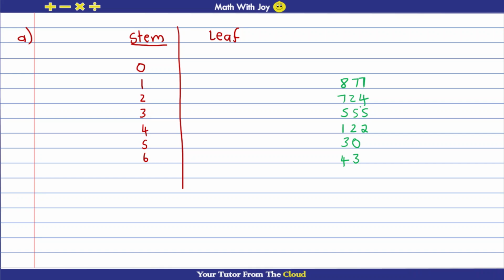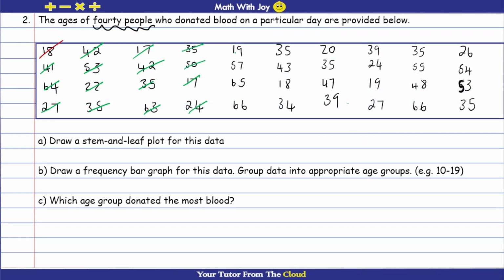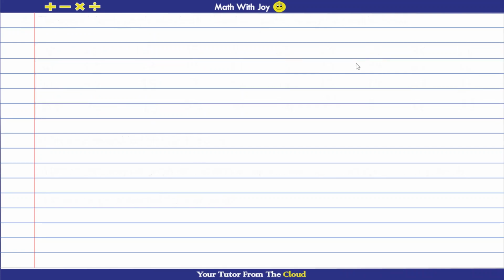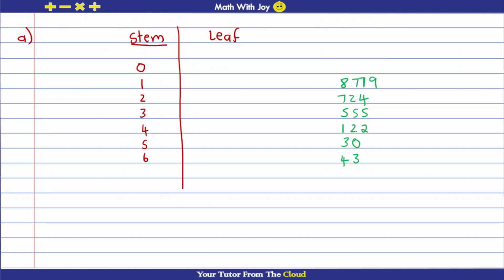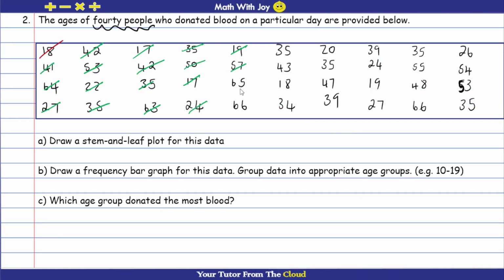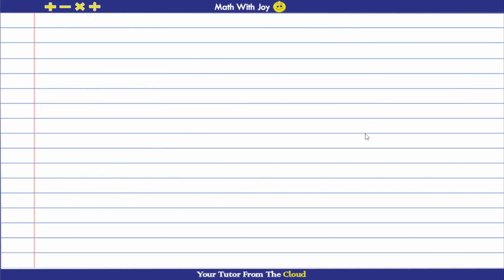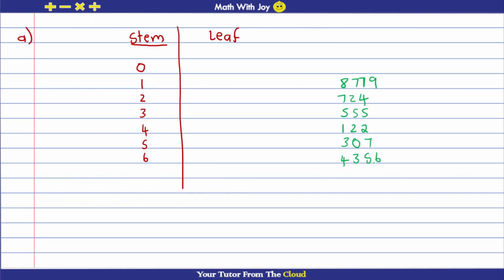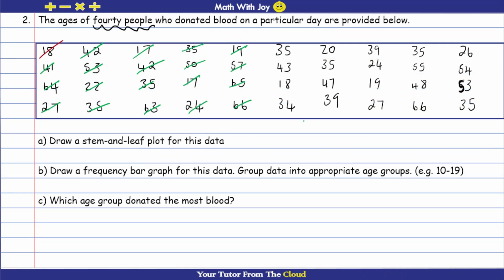So I put 1, 7 and 2, 4. Just make sure you don't make mistakes here. Then 19 and 57. So 1, 9 and 5, 7. And then we say 6, 5 and 6, 6. So 6, 5, 6, 6 down there at the bottom. And then we have a 3, 5 and a 4, 3.